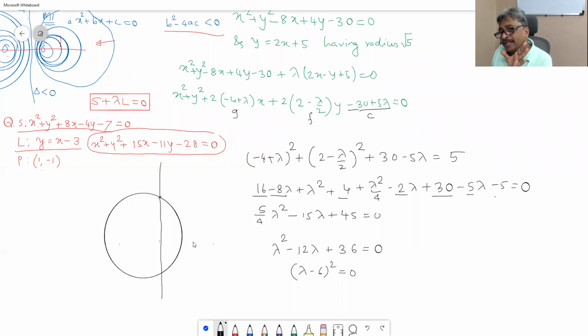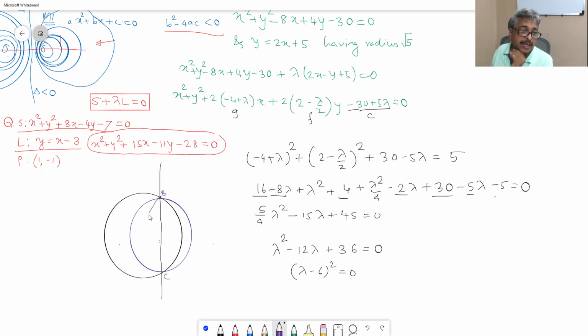But only in one case you will have a unique circle. What is that case? When BC is a diameter. That is the only circle which is unique.